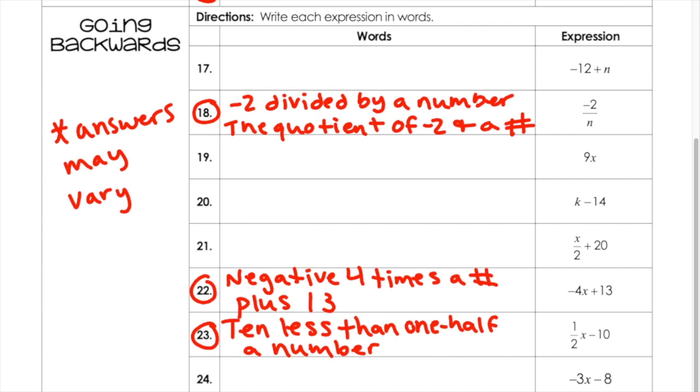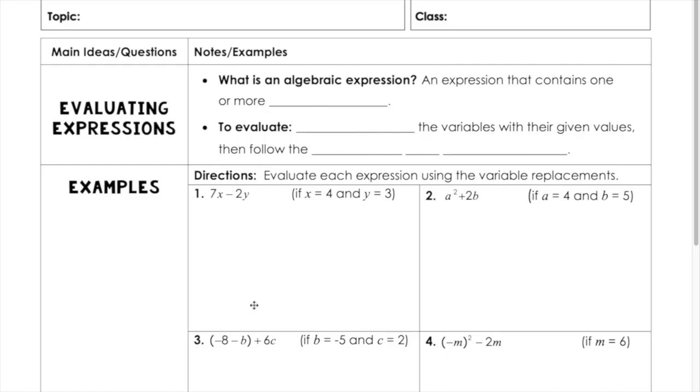All right, now let's turn to evaluating expressions. Now that we know how to translate them, we want to evaluate them. What is an algebraic expression? An expression contains one or more variables and does not contain an equal sign.